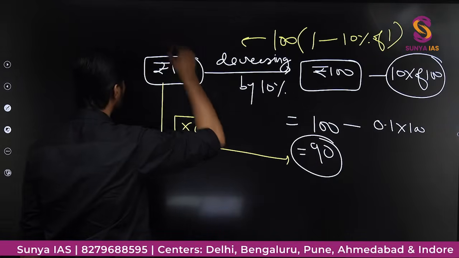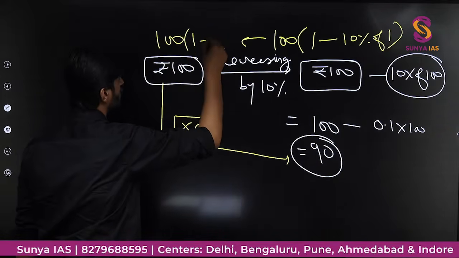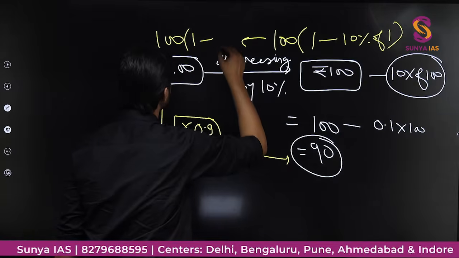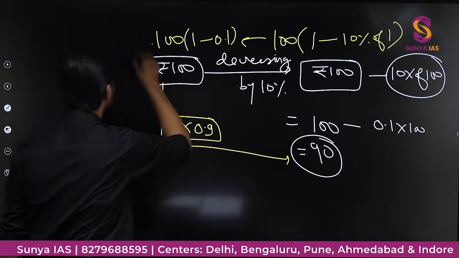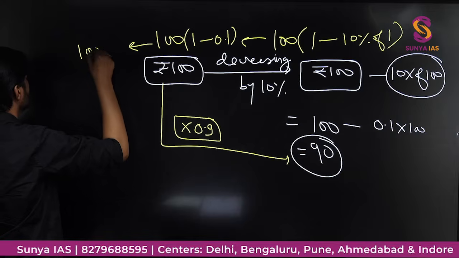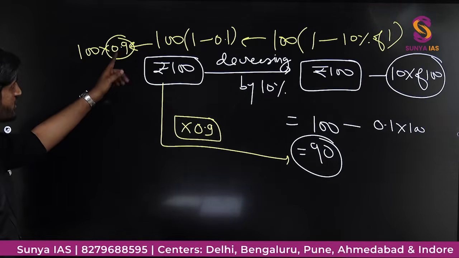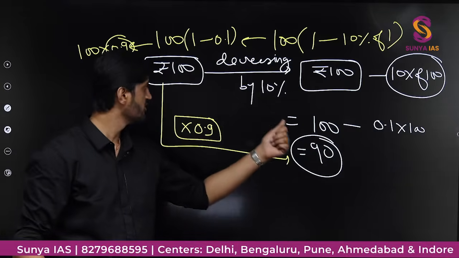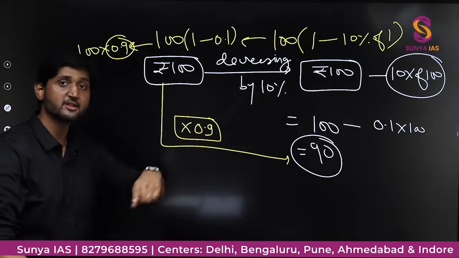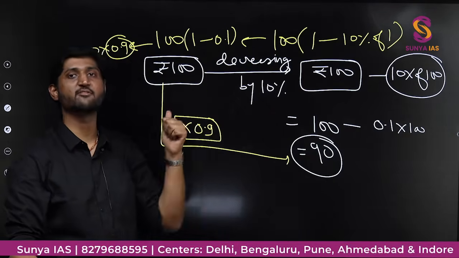What is it going to be? 100 into 1 minus 0.1, and therefore you will have 100 into 0.9. So if you are able to figure out that if there is a 10% decrease, we multiply with 0.9. If there is a 10% increase, we multiply with 1.1.